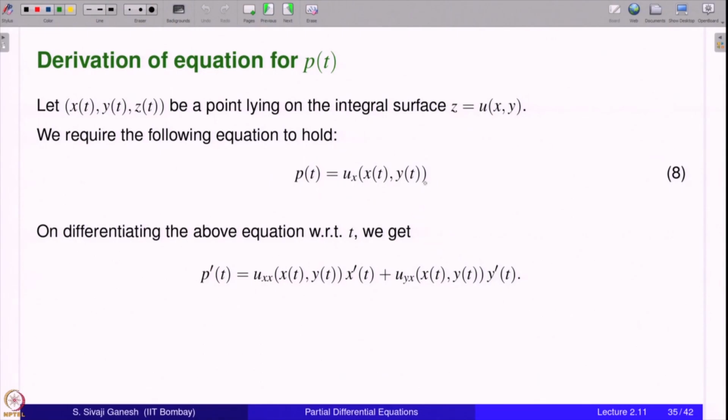So, on differentiating the above equation with respect to t and using chain rule, we get p'(t) equal to, t appears in both the variables.